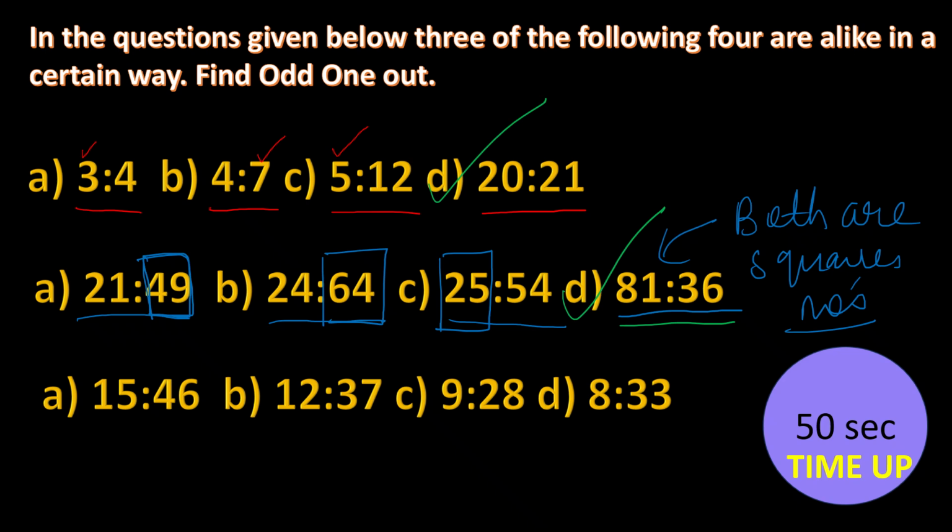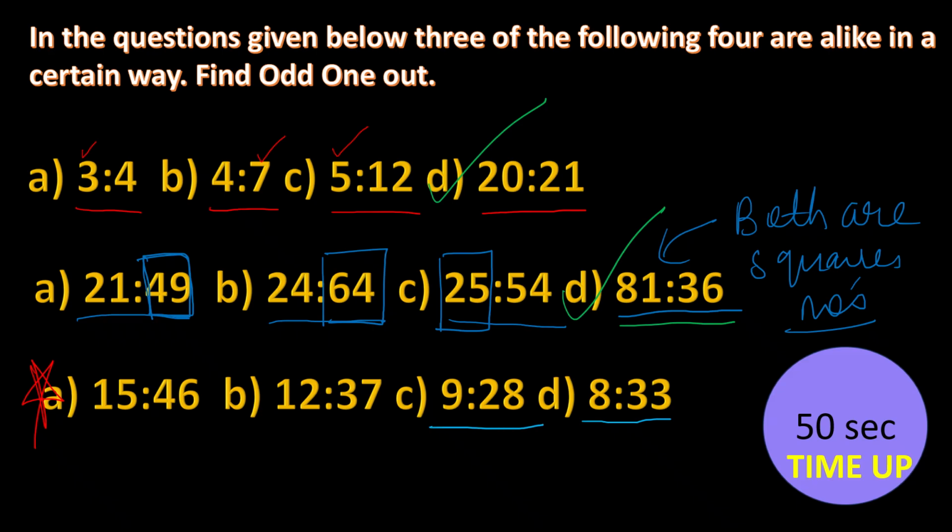Next one is what? 15 is to 46 is there. 12 is to 37 is there. 9 is to 28. 8 is to 33 is there. So to understand the logic, mark this as an important one. To understand the logic here, start from behind. That is 8 is to 33. Or you can start from 9 is to 28.